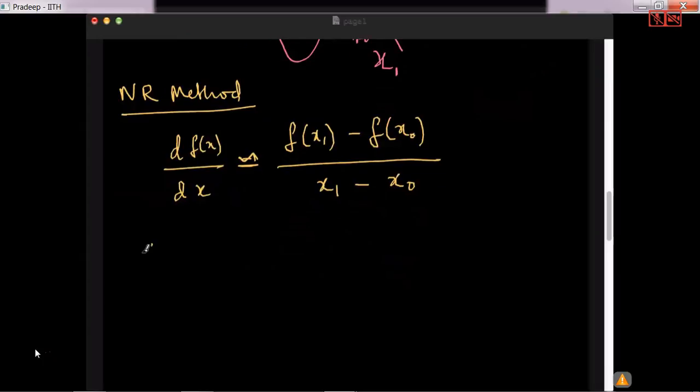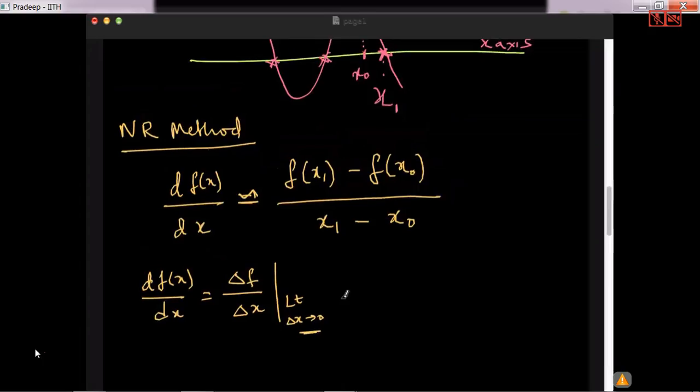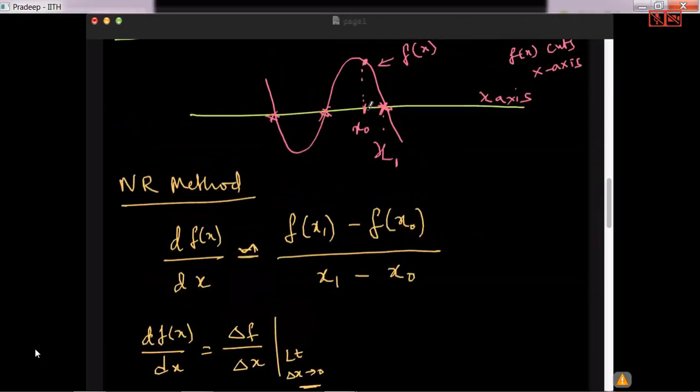So what is df of x by dx? It is nothing but delta f by delta x, where the limit delta x tends to 0. So this formula will work only when the gap between x0 and x1 is very small. x1 is the actual solution, x0 is my initial guess.